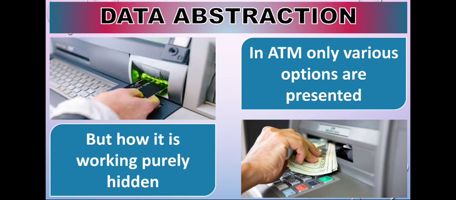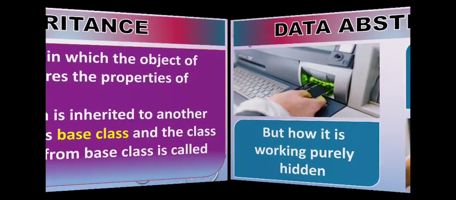We go for our withdrawal, putting in our debit card and withdrawing our money, and we come back. So in data abstraction, the implementation details are not considered by the user.